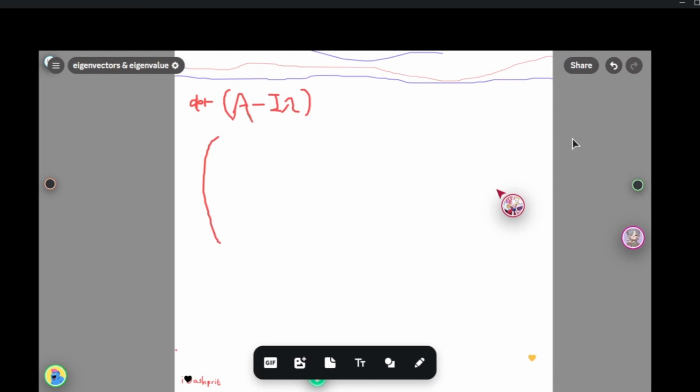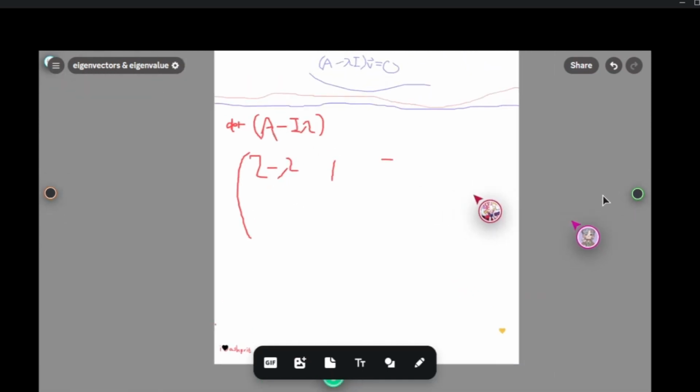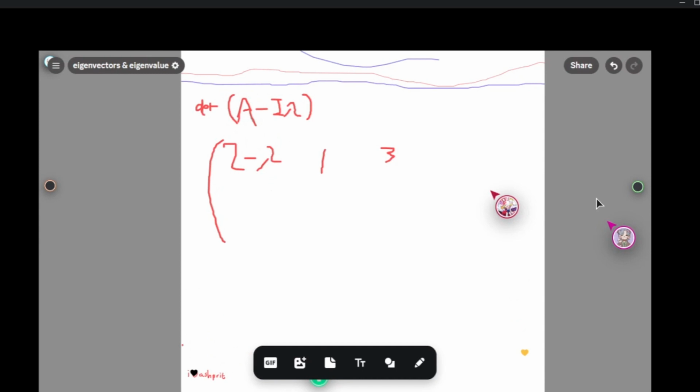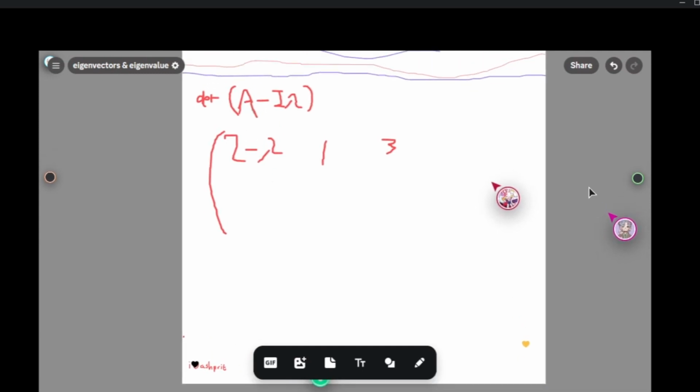Alright, let's pull up the example. So we will have 2 minus lambda, 1 and 3. I'm also skipping the subtract lambda step because there is no point in going over the same thing.